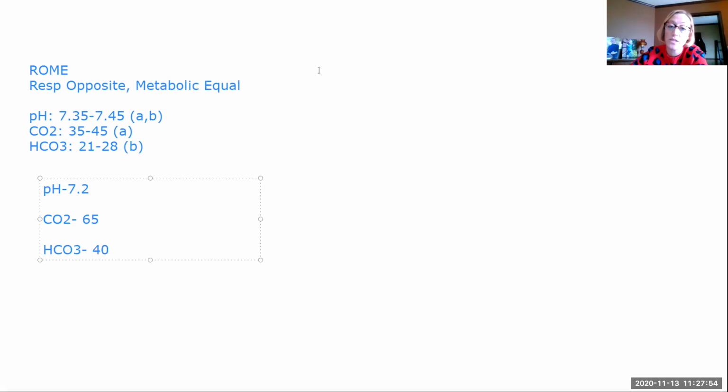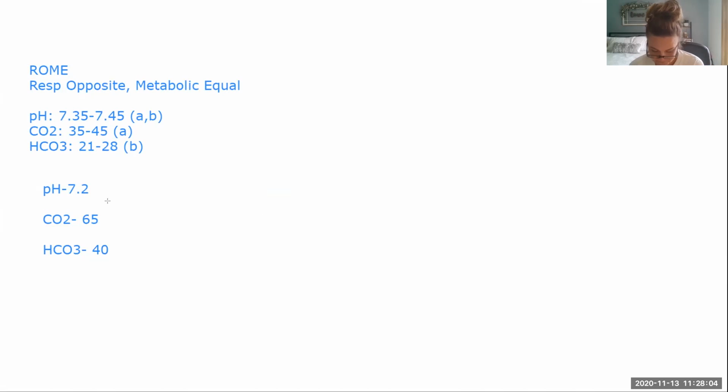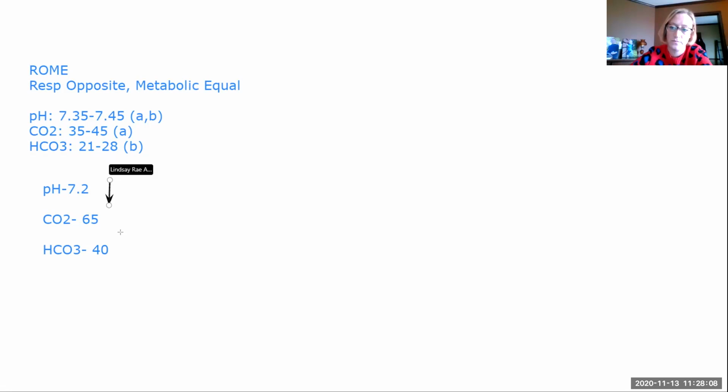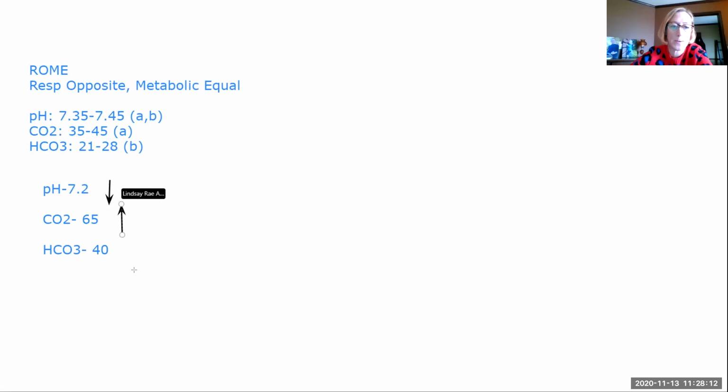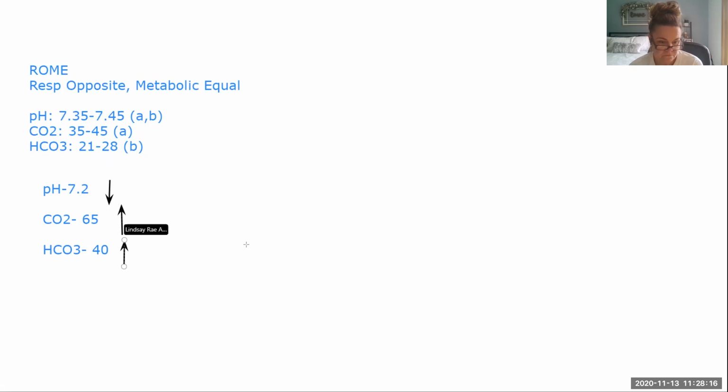All right, so we're just going to do it real simple first. Is our pH high or low? Low. Is our CO2 high or low? High. Is our bicarb high or low? High. All right. So just looking at our arrows, we can do the Rome method.